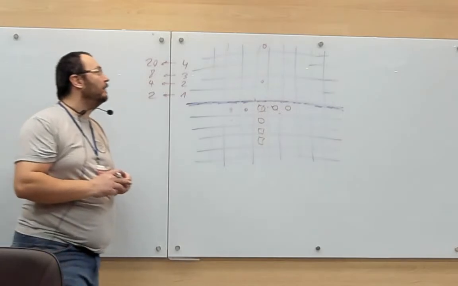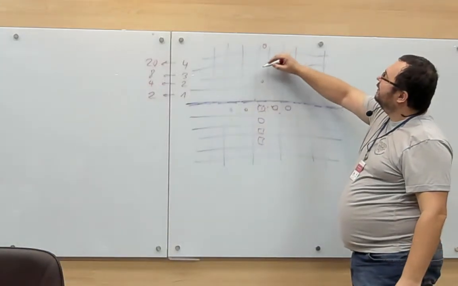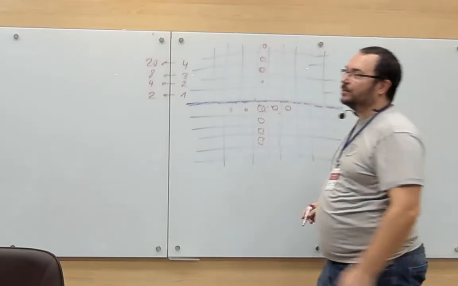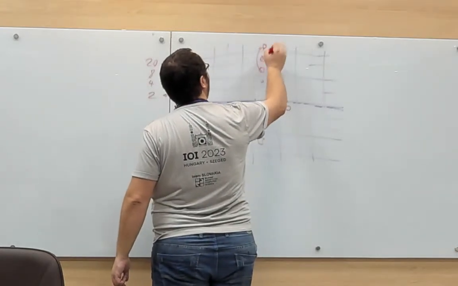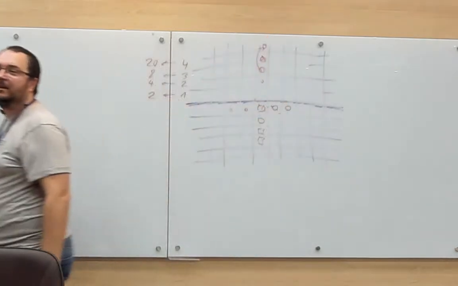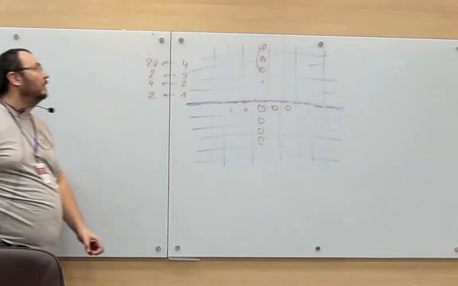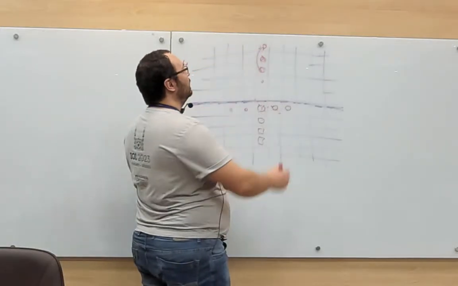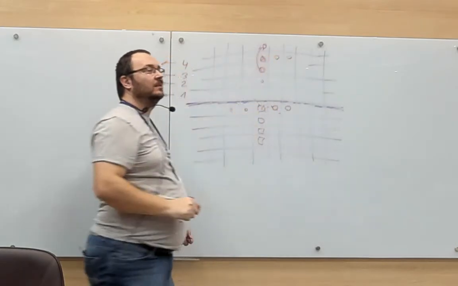And now what do we have here is that these two tokens, this one and this one together, should have the same weight as a single token on the goal. And this token should have the same weight as these two tokens, because these two tokens can produce this one.